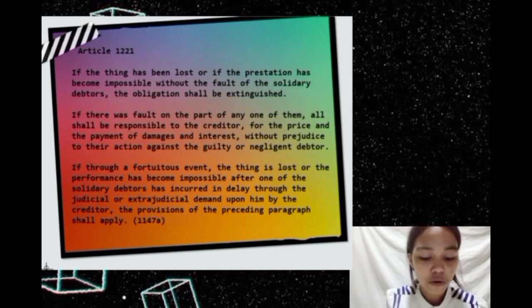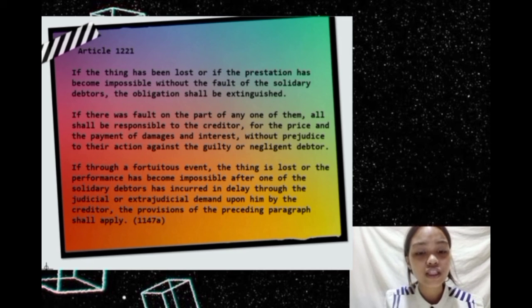If there was fault on the part of any of them, all shall be responsible to the creditor for the price and the payment of damages and interest, without prejudice to their action against the guilty or negligent debtor.